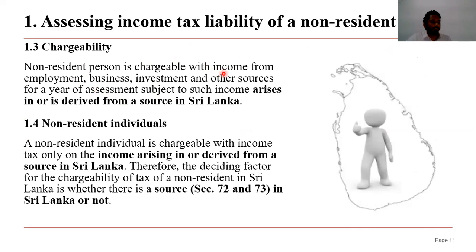The chargeable income under section 4, section 4 subparagraphs A and B, is very important when you are writing down the answers on non-resident taxation, because the first question is you need to write down the residency, and how the profit is charged. The chargeable income section is section 4.